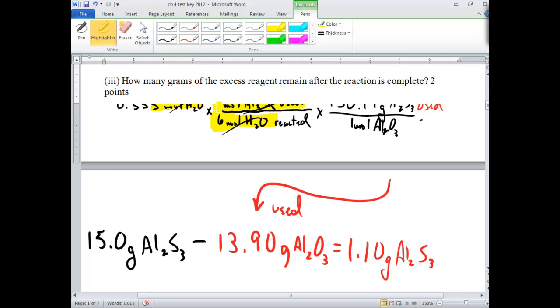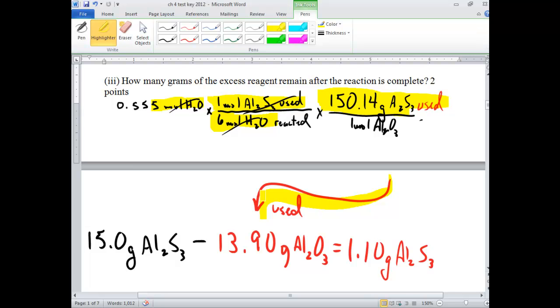And so the mass of the aluminum sulfide that's actually used, here's the molar mass, and if we multiply that out, we're going to find out how much aluminum sulfide was used. So the amount that was used turns out to be 13.9 grams of aluminum oxide.